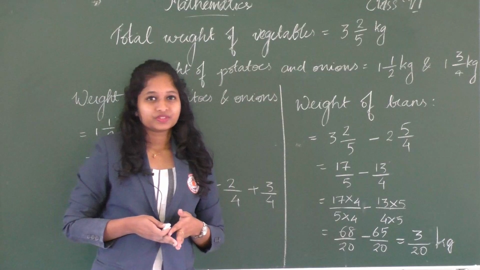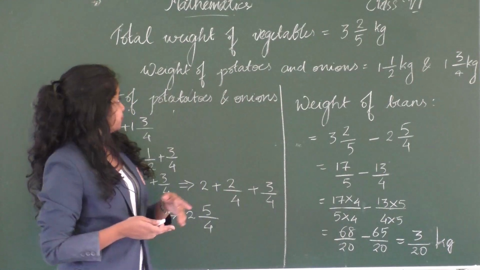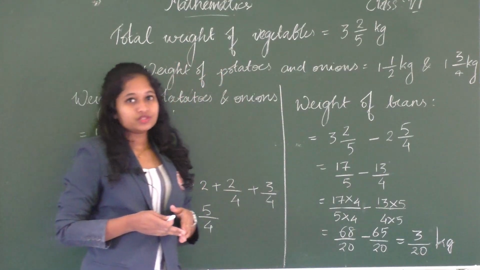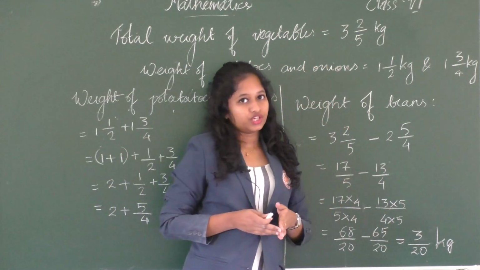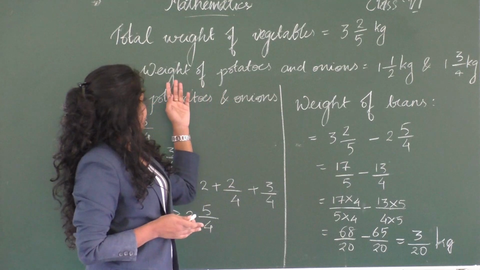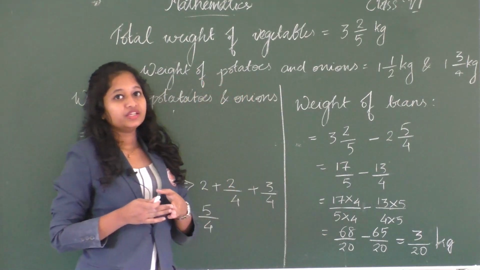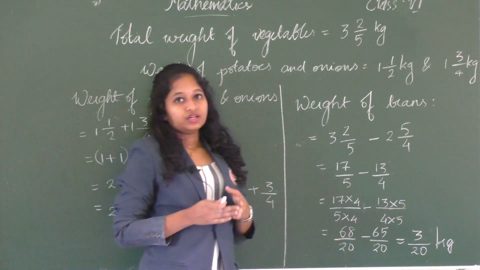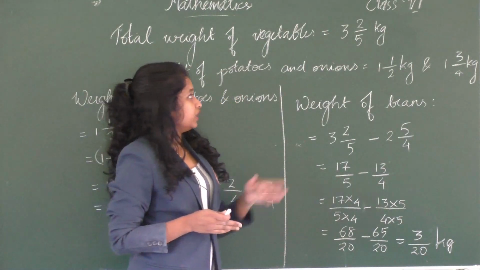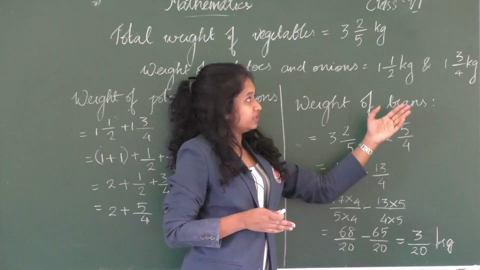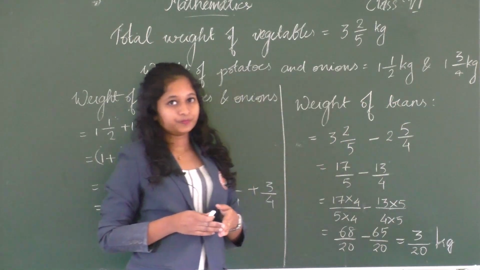So, children, what is given in the question? Total weight of vegetables is given as 3 2 by 5 kg, and the weight of potatoes and onions are given as 1 by 2 kg, and for onions it's 1 3 by 4 kg.